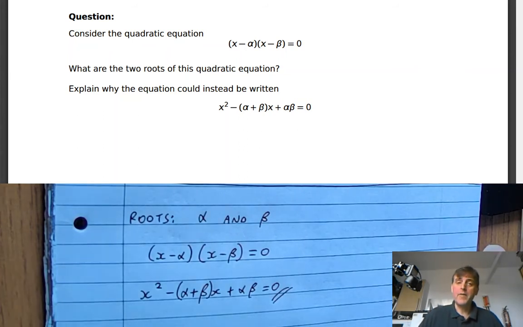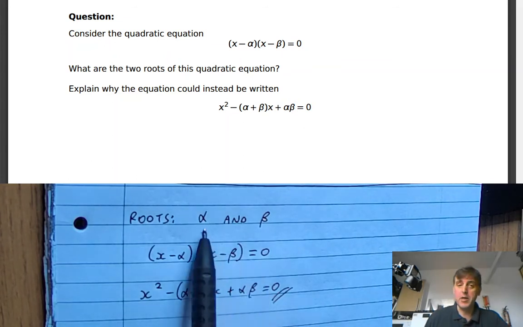Now this highlights a fact which we may not have been aware of, even though we've actually been using it for quite a while when we've been factorising quadratics, is that the numbers which go in this position here and here, the alpha and the beta, those are related to the roots of the equation. So when you add the two roots together, you end up with the negative coefficient of the x in the equation.